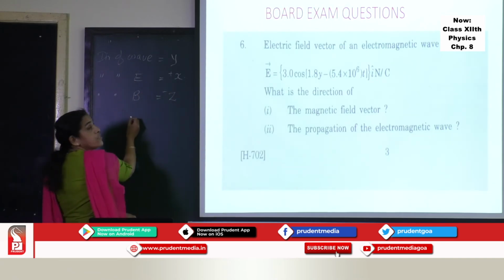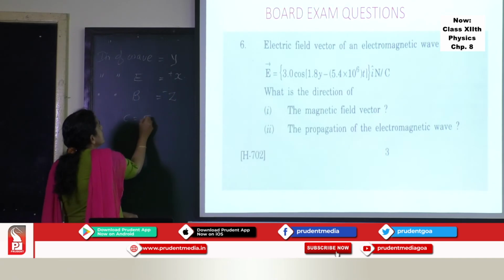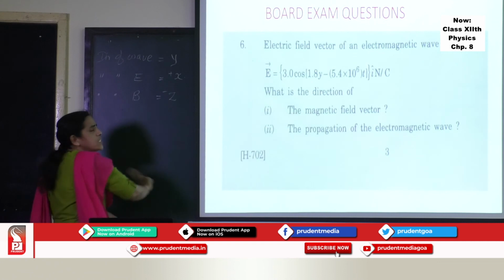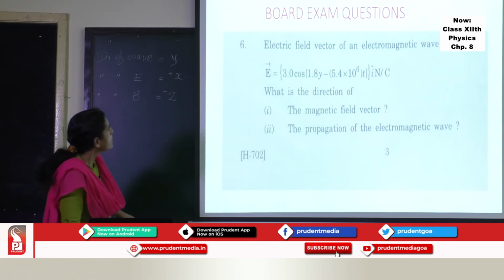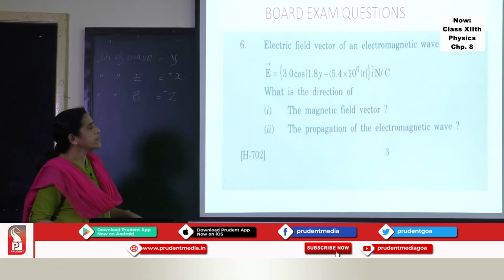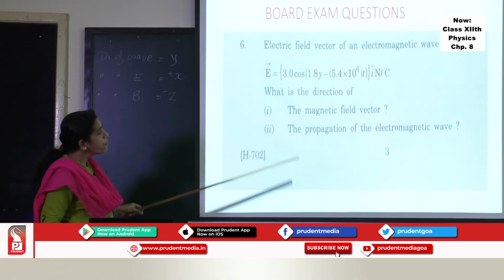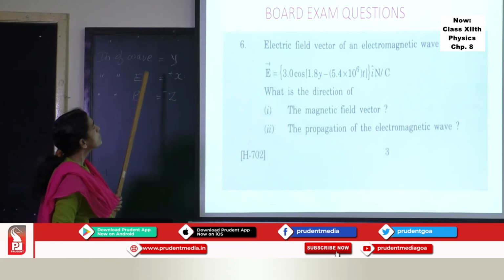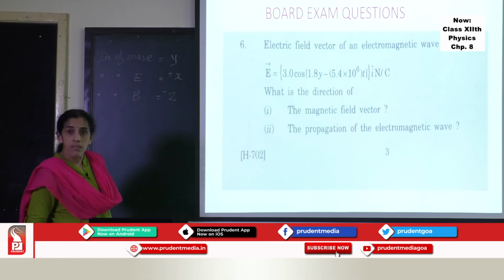We are using the formula C is equal to E cross B, and you do not have to know that. If you write z axis it is enough. Then even with z axis you will get 1 mark. Next thing, propagation of electromagnetic wave, already we answered, is y.